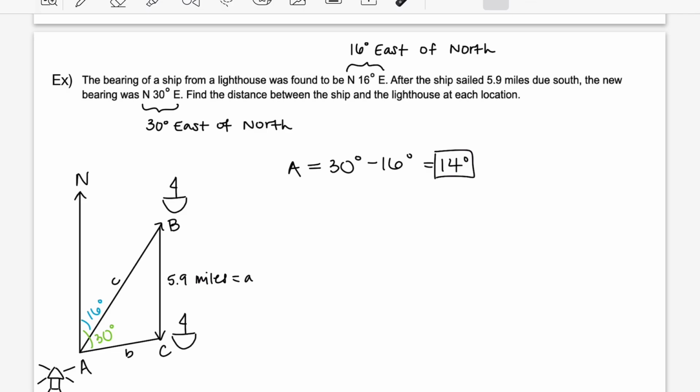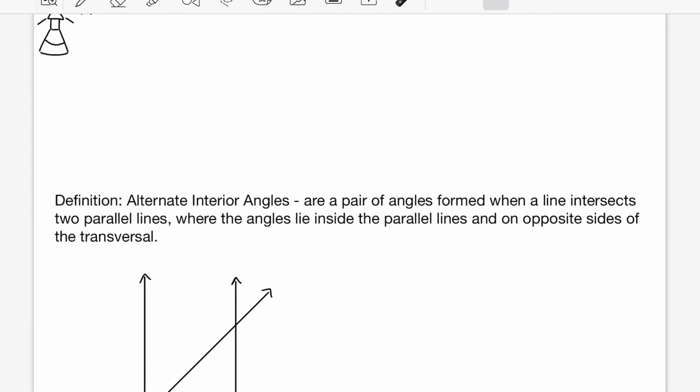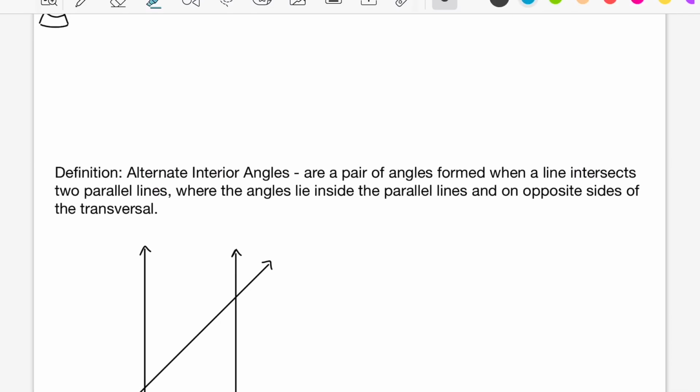And in order to determine that, I'm going to introduce a new definition of alternate interior angles. These angles are formed when a line intersects two parallel lines. Then the angles lie inside the parallel lines and on opposite sides of the transversal. The transversal is this line. It's just a line that intersects two parallel lines.